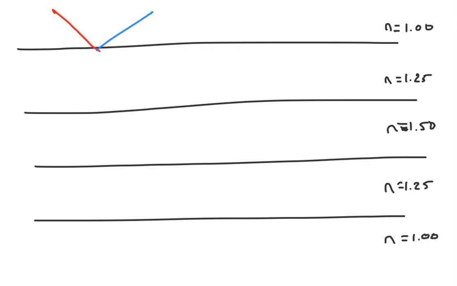So it's considered a soft boundary compared to the next one. So it's going from a soft boundary to a hard boundary. Is there going to be a phase change or not?